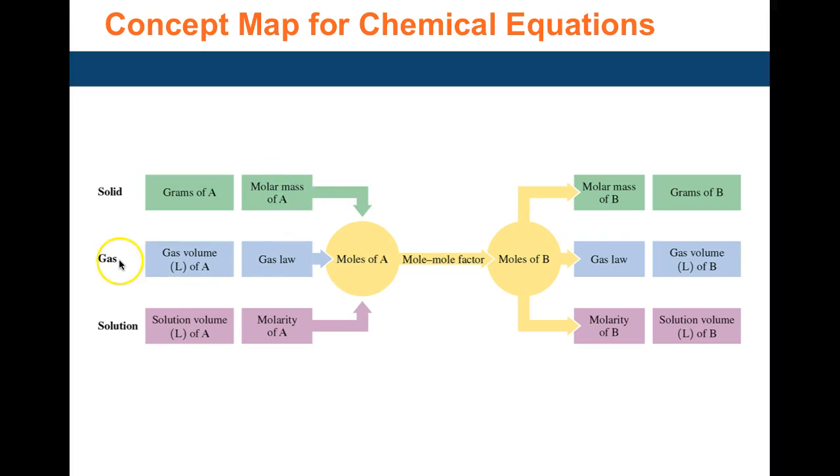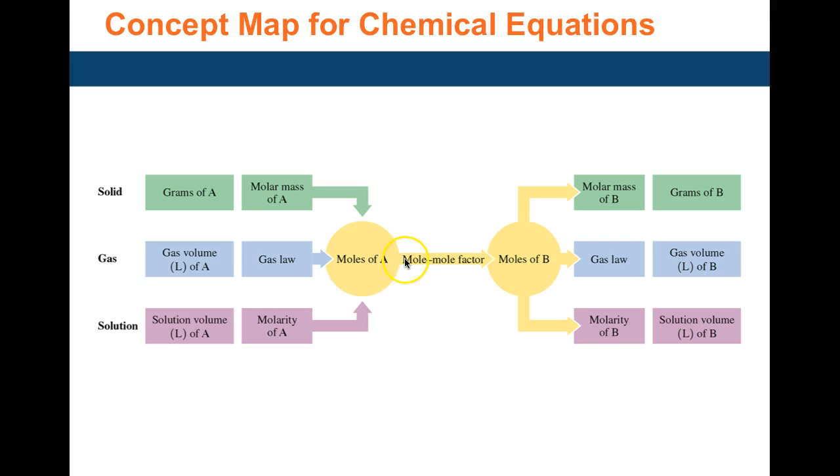Suppose you've been given a gas problem and it's liters of the reactant, you can use PV equals nRT, the gas law, to convert it into moles of the reactant. Or if you're given the solution volume, you can use molarity, by taking the liters and multiplying by the molarity to get moles of the reactant.